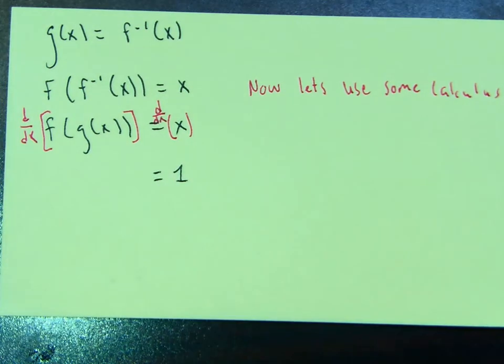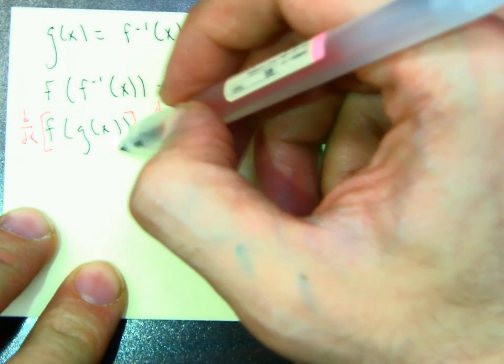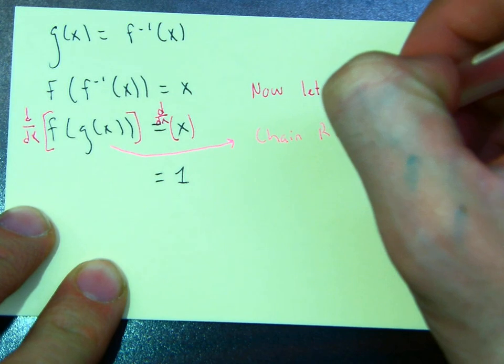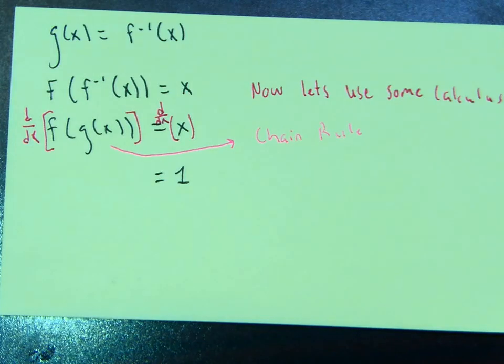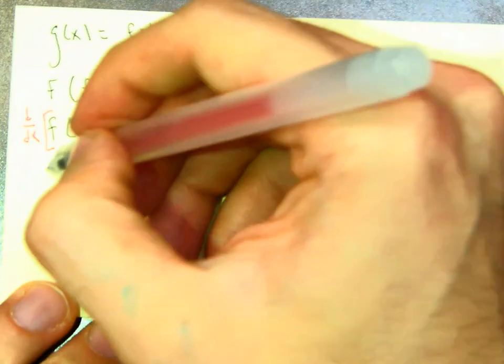What I want you to do is be patient and try to think: what would you have to do to solve the derivative of this? You have to use the chain rule. Where is my red and blue? Hold on. Okay, this will work. So this is my red.